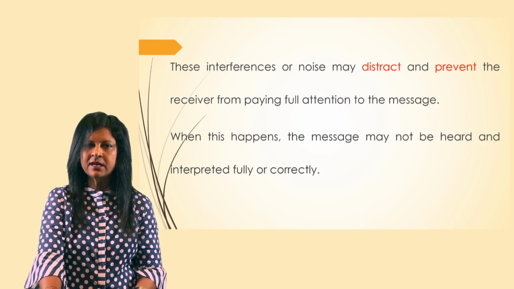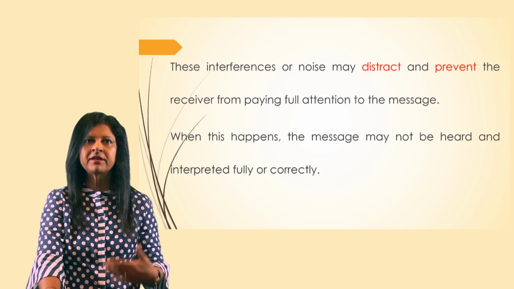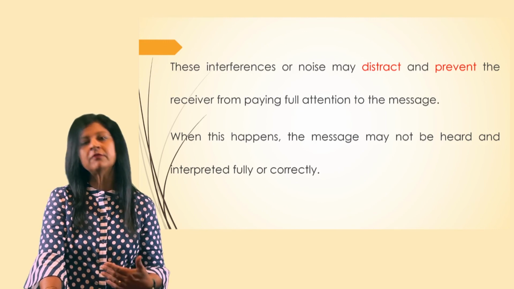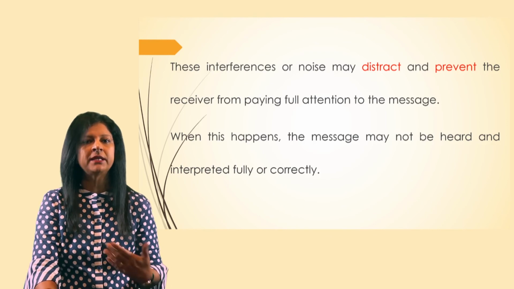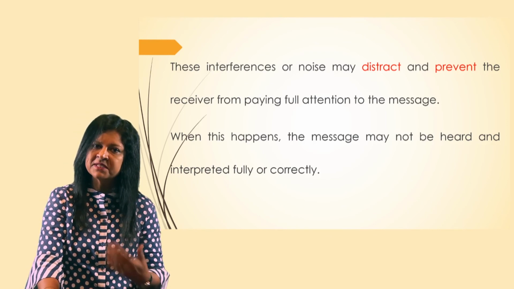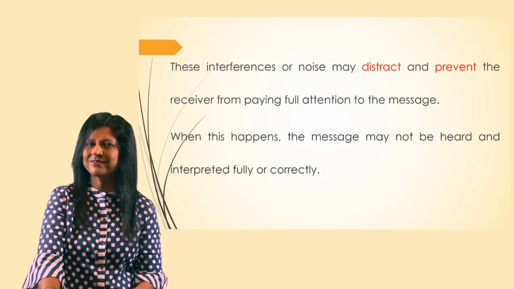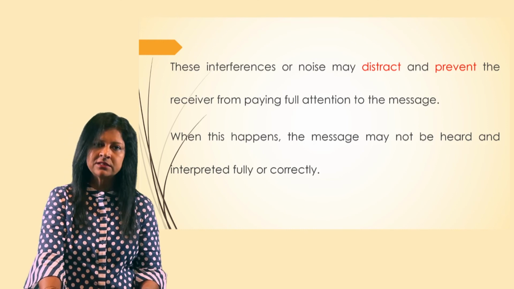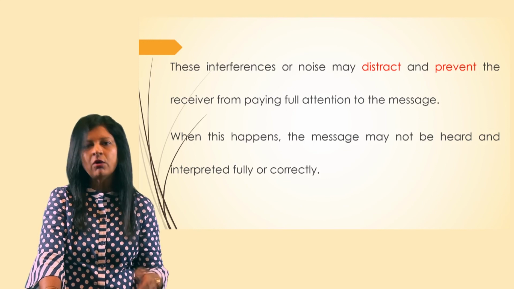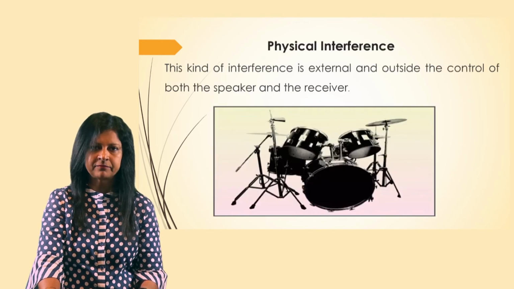The interference or noise may distract and prevent the receiver from paying full attention to the message. So the listener would not be able to pay 100% attention due to those distractions. And when this happens, the message may not be heard and interpreted fully or correctly. So it can happen.